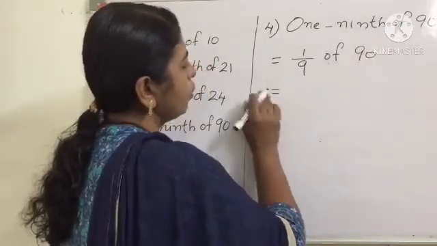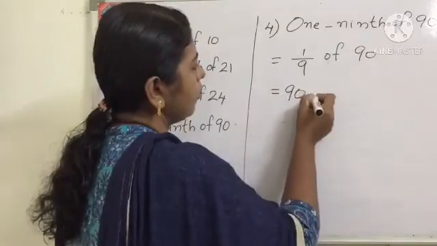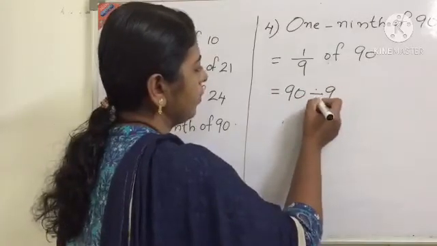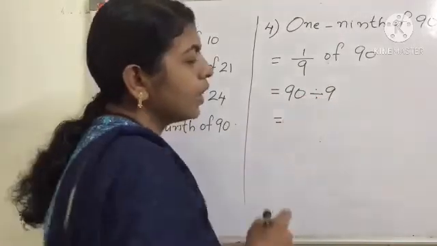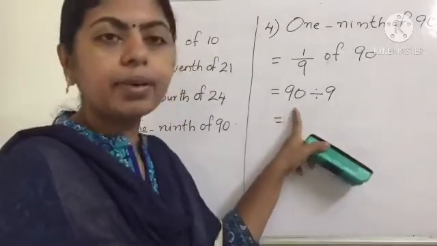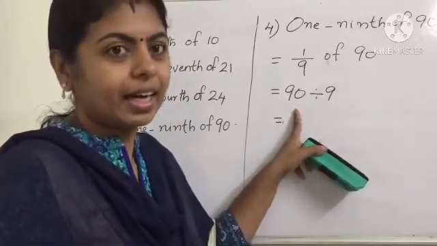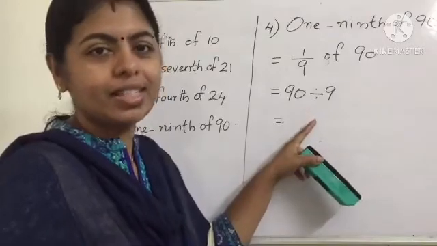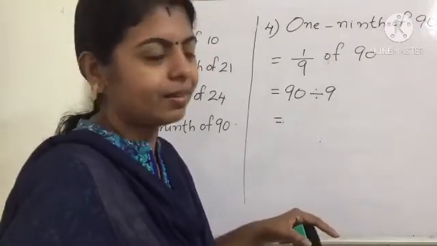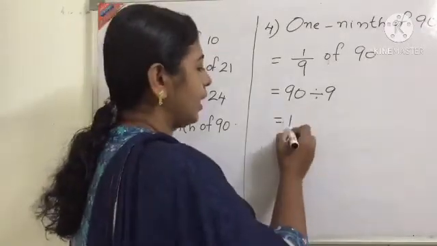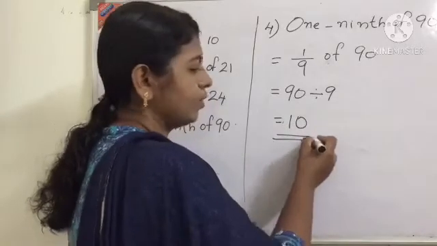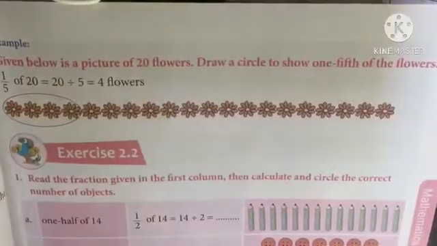It's equal to 90 divided by 9. 9 into which number gives 90? 9 into 10 gives 90. So what is the answer? It's 10. Now we can go to the textbook.